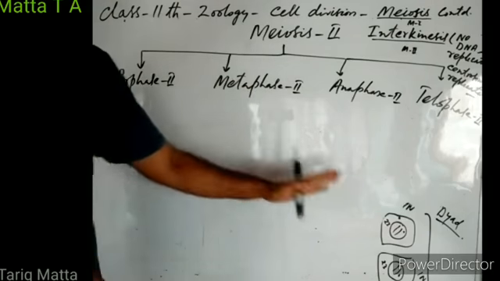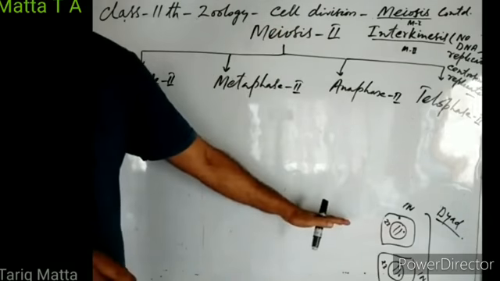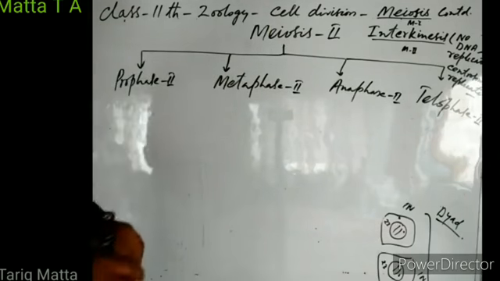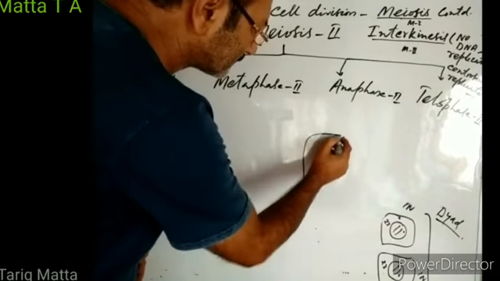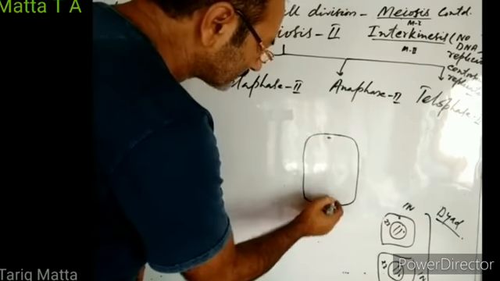The spindle of meiosis second is at right angles to the spindle of meiosis first. In meiosis first, I drew the spindle like this.